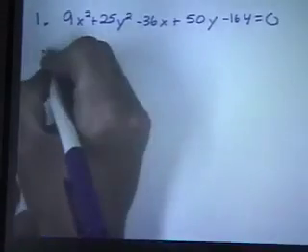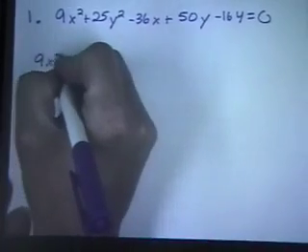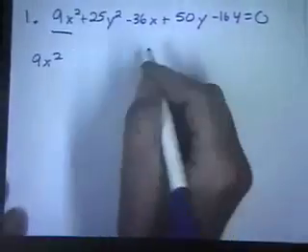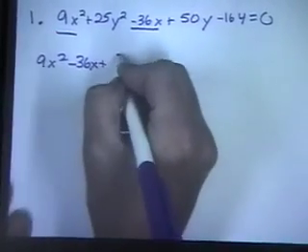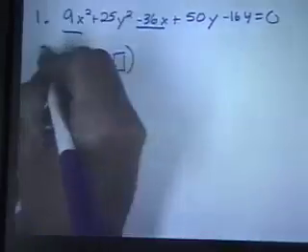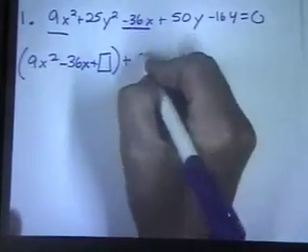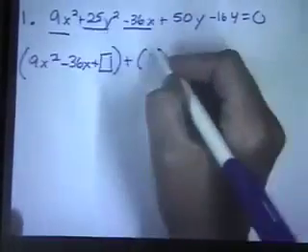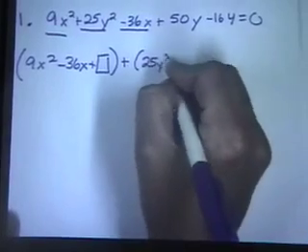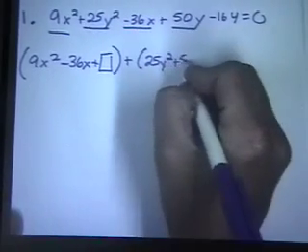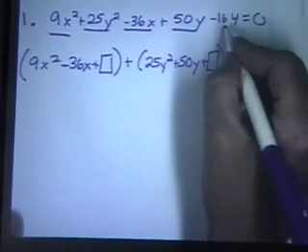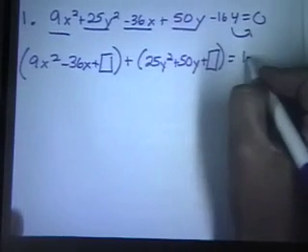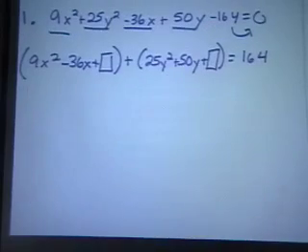So I'm going to group 9x squared minus 36x plus some number, because we know we're going to have to complete the square later, plus my y's now: 25y squared plus 50y plus some number, set equal to, move that over, 164.